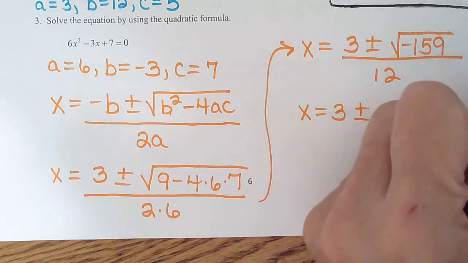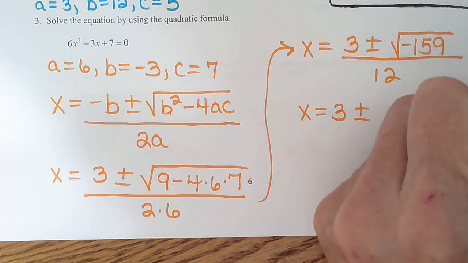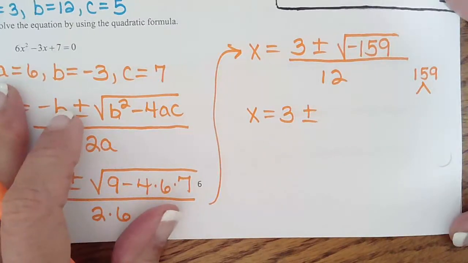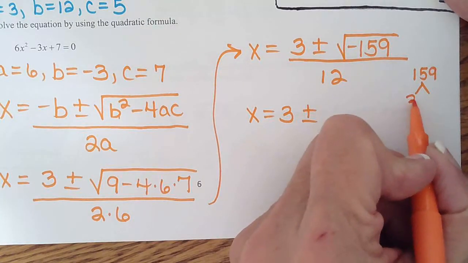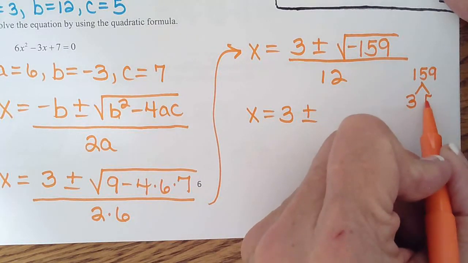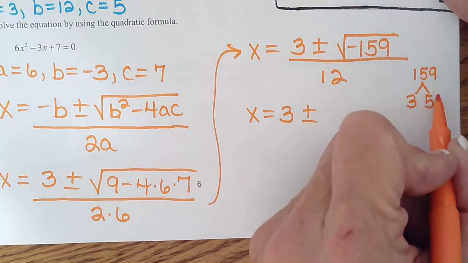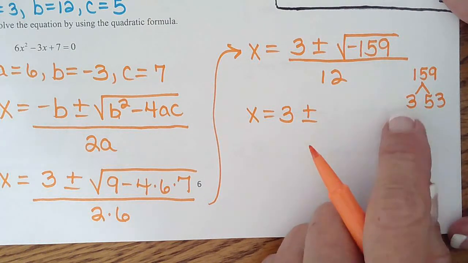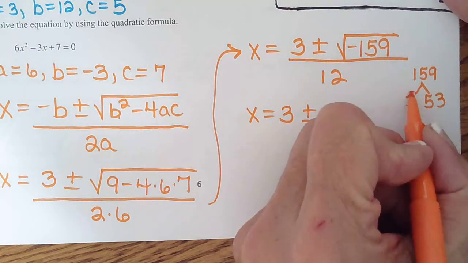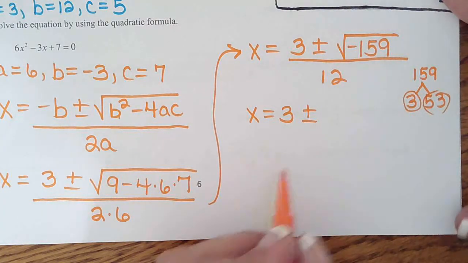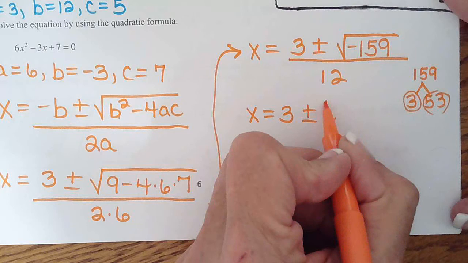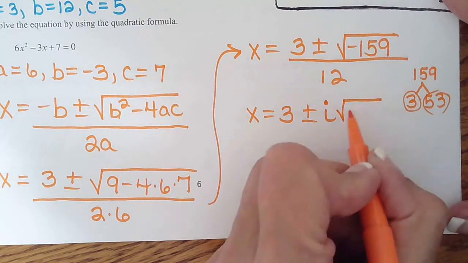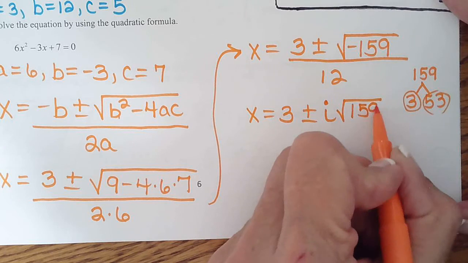Now we have to see if 159 factors. So 3 goes into 159. 3 goes into 15 5 times. 3 goes into 9 3 times. And 53 is prime. 3 is prime. So since there are no pairs, that means it can't be broken down. But I do have to do this. No matter what, I can never leave a negative under a square root.